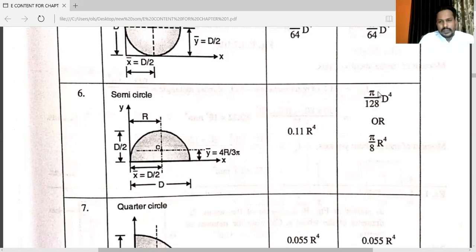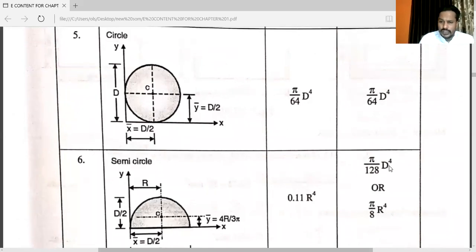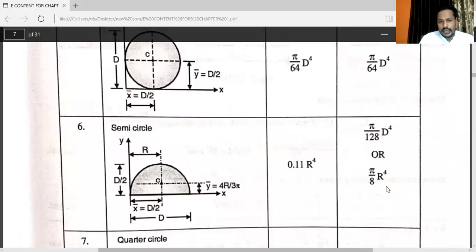Similarly, pi by 128 into d raised to 4 for Iyy, or you can say pi by 8 into r raised to 4. See, here we are considering d, that is diameter. Here we are considering r. You can consider diameter, or you can consider radius also. See, the formulas are very, very, very important.